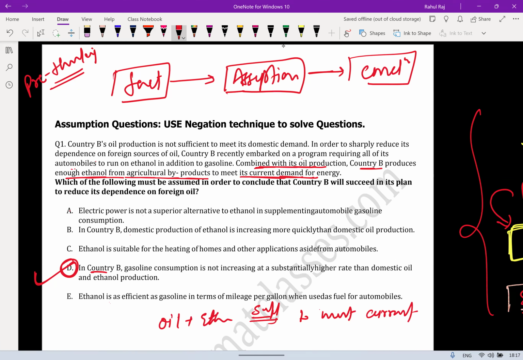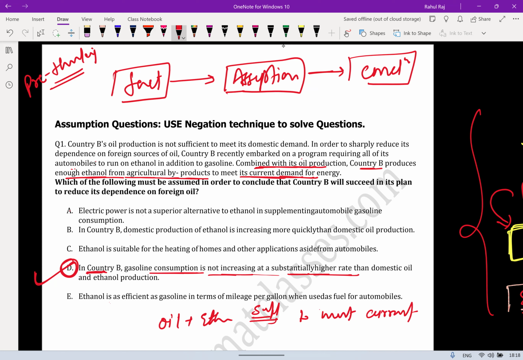After thinking what, might the author have come down to this conclusion? The author might have 100% thought that in country B, gasoline consumption is not increasing at a substantially higher rate than domestic oil production. Please understand how the questions are framed, because if you have this understanding, you will get to know what exactly an assumption is very clearly.